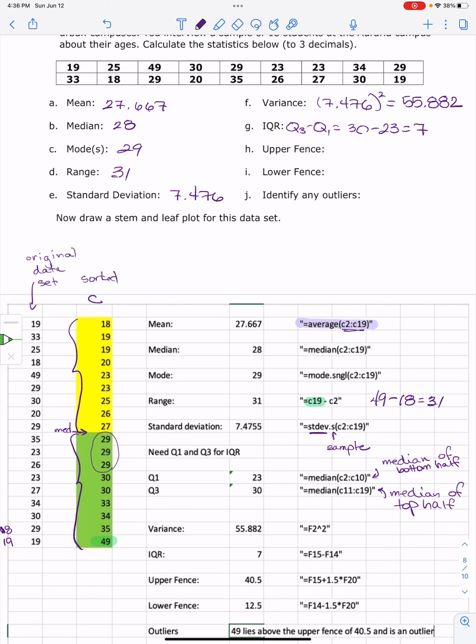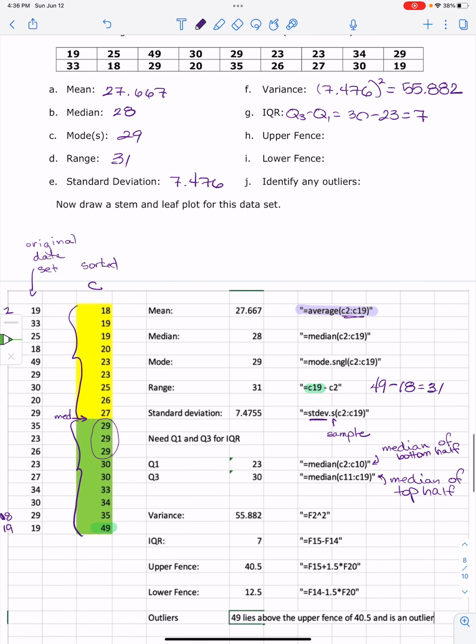So to find our upper fence, and you can see I have listed the command in there. Our upper fence is Q3 plus 1.5 times our interquartile range.